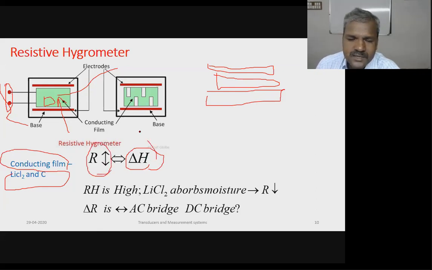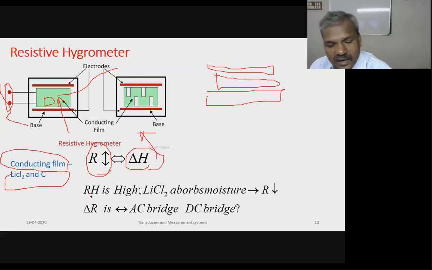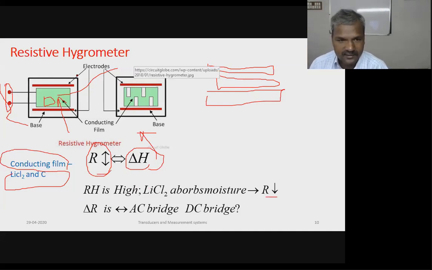When more absorption occurs in the lithium chloride film, the resistance is lesser. So more absorption, more humidity, less resistance. That change in the resistance is a measure of the humidity. Suppose the relative humidity is high, lithium chloride absorbs more moisture, so resistance decreases. The change in resistance is the measure in resistive hygrometers.